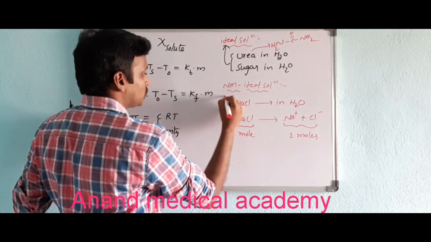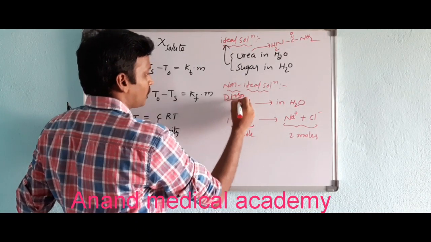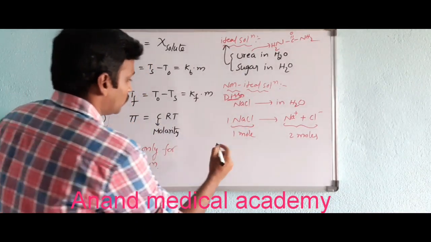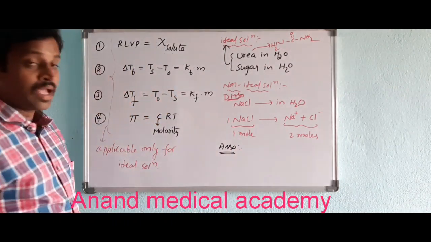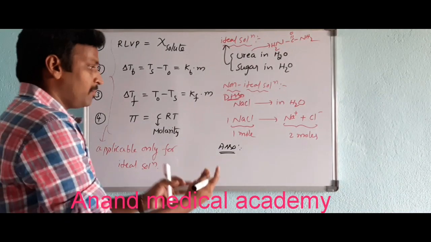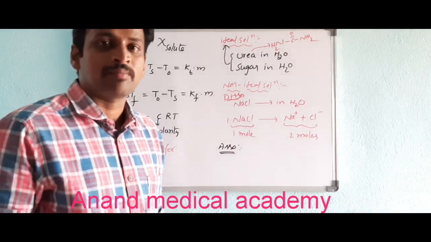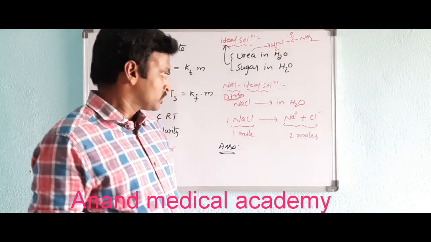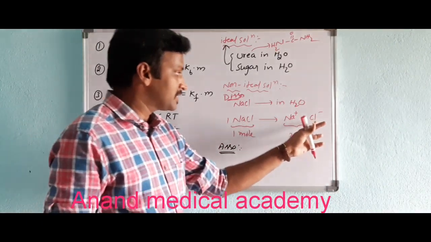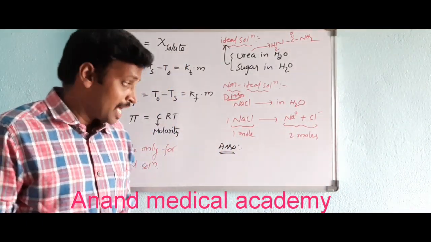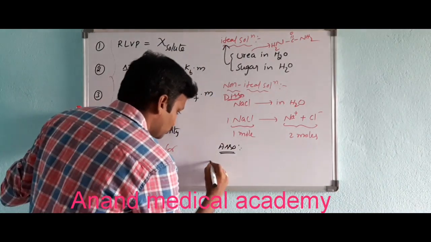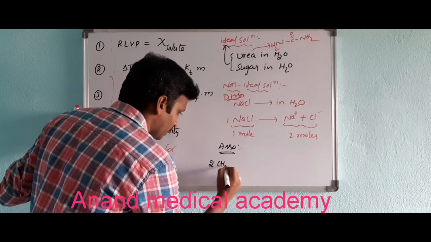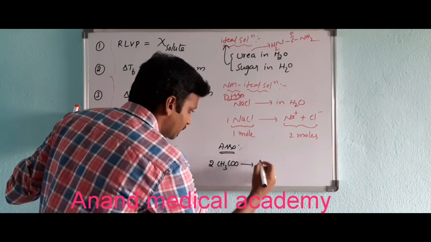This is dissociation. In the same way, association also takes place. Association how, sir? Some molecules undergo dimerization by hydrogen bonding. The number of particles increases during dissociation, and the number of particles decreases during association. Suppose 2 moles of acetic acid, CH3COOH. How do they exist?